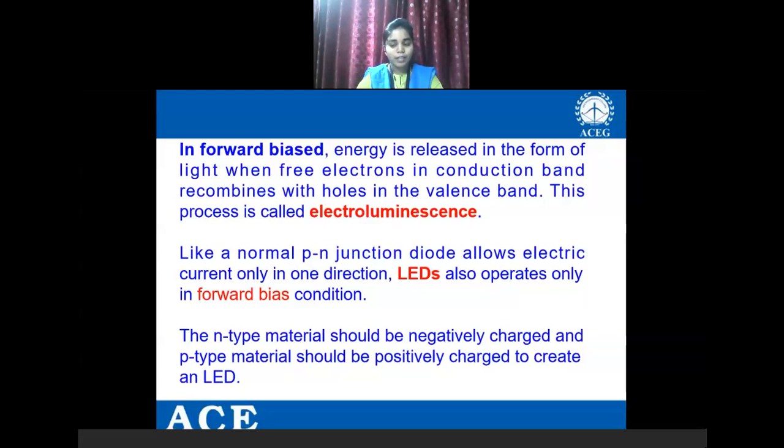In the same way, in an LED also we have P-type and N-type, where the difference is that our LED is not made up of silicon and germanium, but of different materials: gallium arsenide, gallium arsenide phosphide, and there are different materials used to design an LED that we are going to see in upcoming slides.